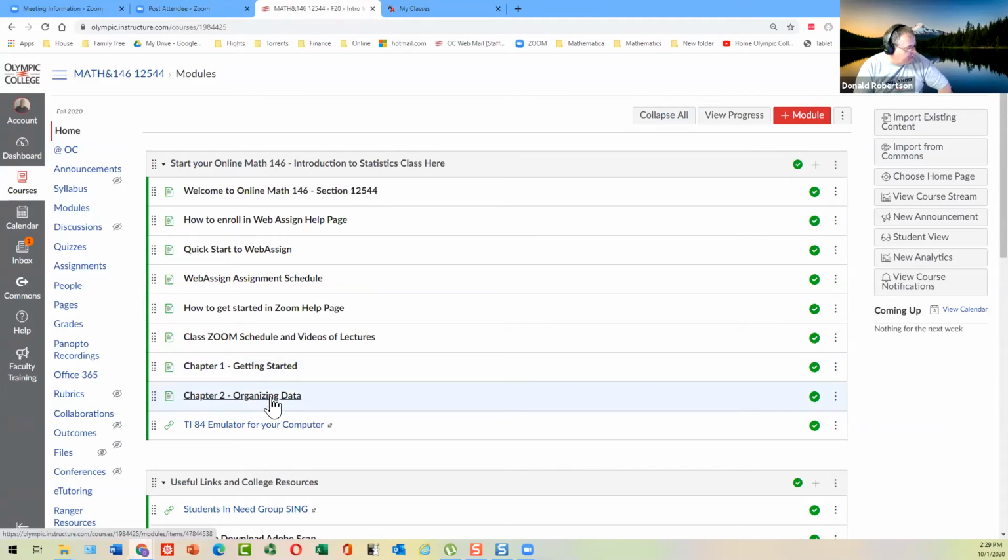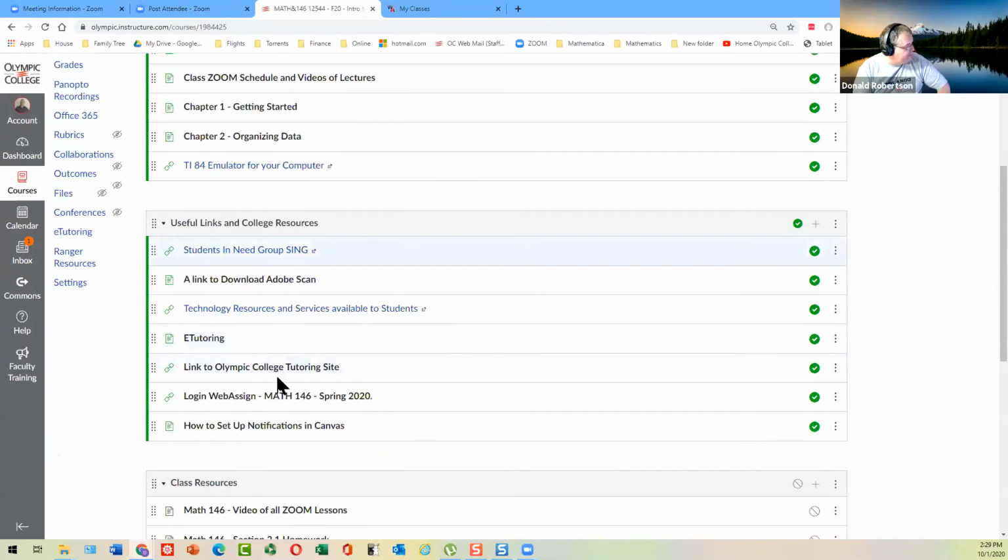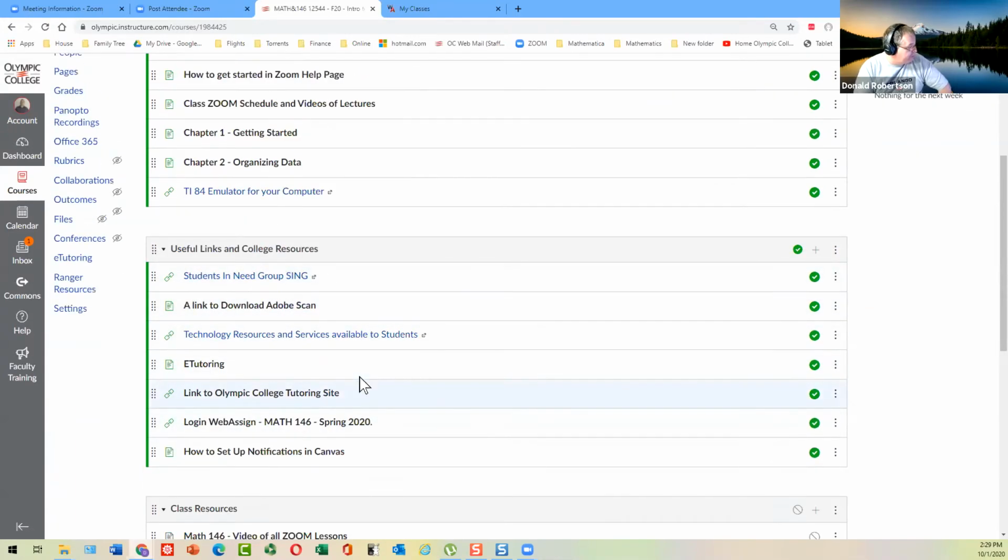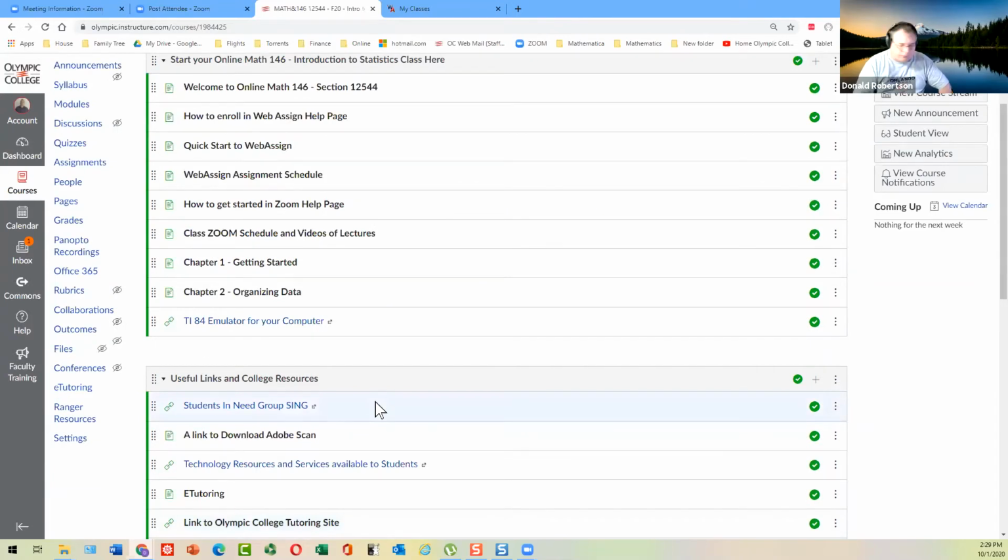Here you'll do chapter 2 stuff. That's where you'll find chapter 2 help, right? If you need a calculator, this is an emulator that you can use. This stuff down here is useful, but it's essentially only for if you need financial aid or need to get technology or something, you could click down there.